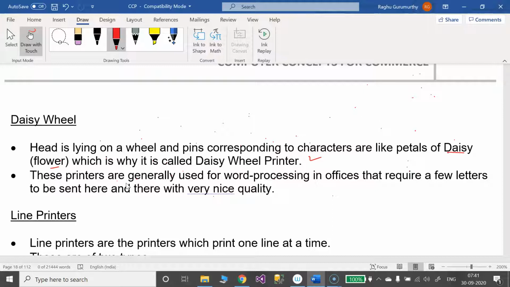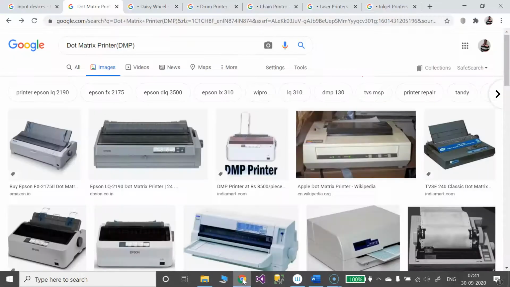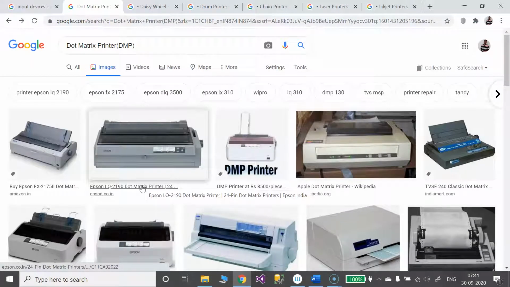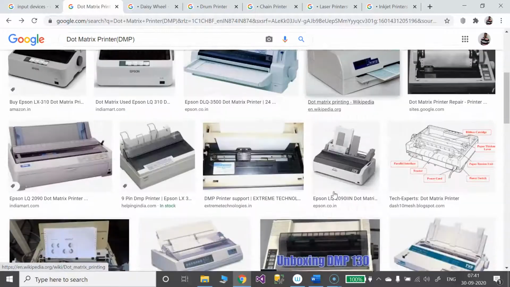Got it? These printers are generally used for word processing in offices that require a few letters to be sent here and there with very nice quality. Got it? So this is the main thing we need to note with respect to dot matrix. This is the dot matrix printer.